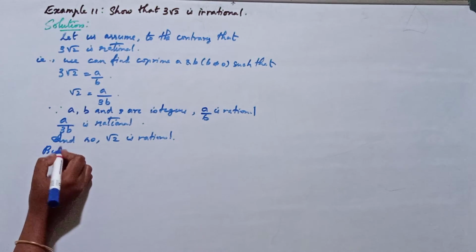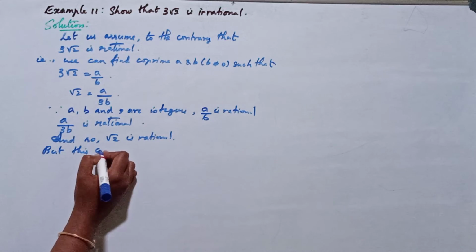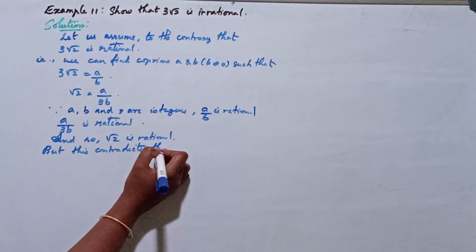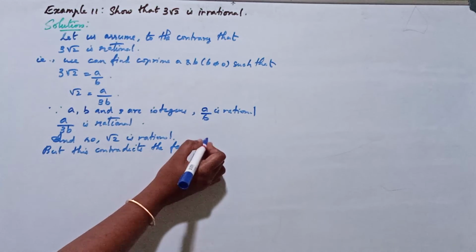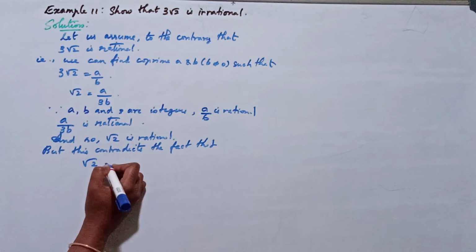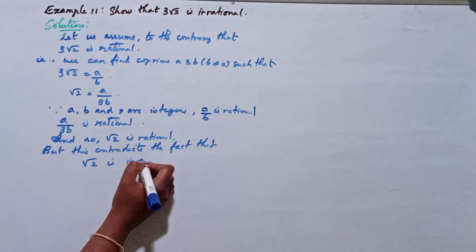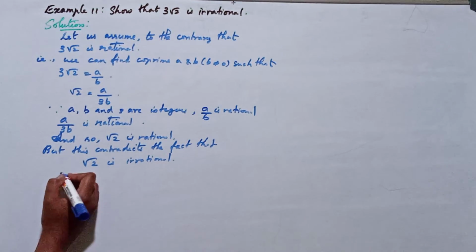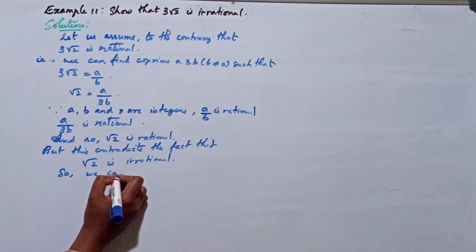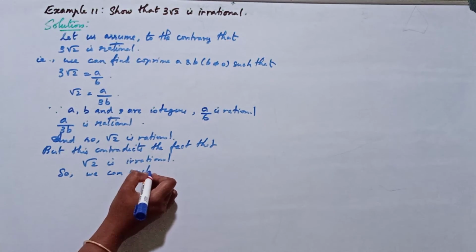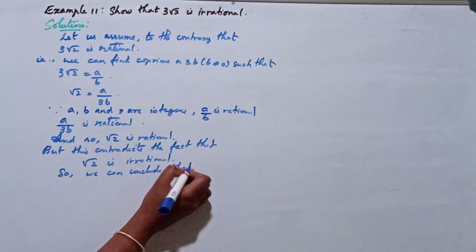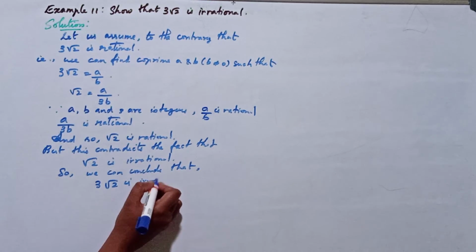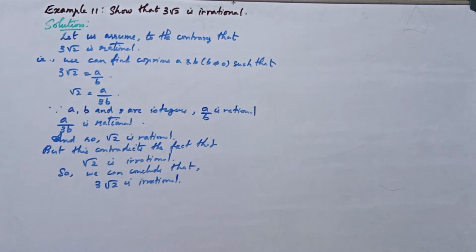But this contradicts the fact that square root of 2 is irrational. So from this what can we conclude? We can conclude that 3 root 2 is irrational. So we have proved it.